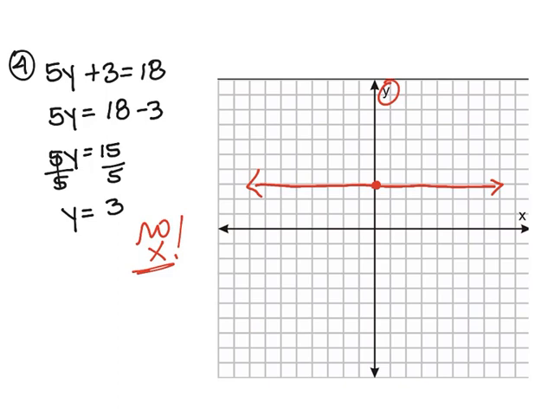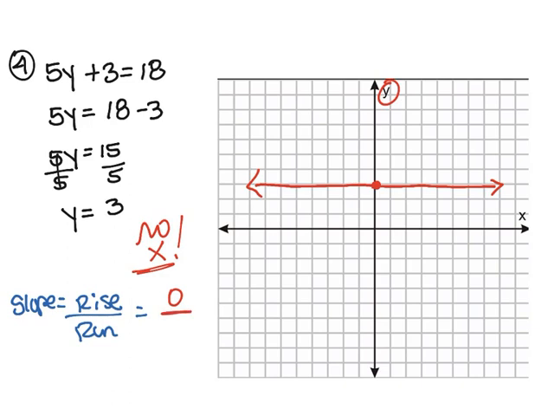Now I want to explain slope. Let's talk about the slope of that line. And again, we do rise over run when we look at slope. That's our movement. Now, when you look at this horizontal line, and I ask myself, okay, is this line rising? Will this line ever go up or will it ever go down? That's falling. And you would say no. This line is never going to rise.